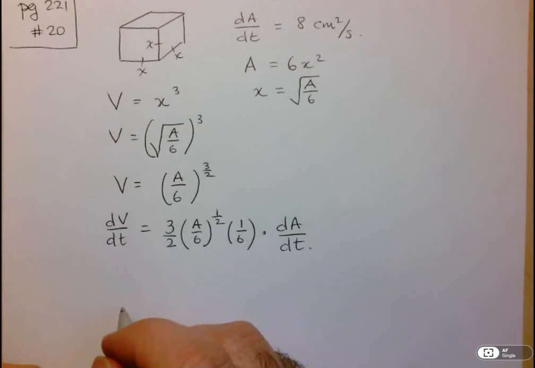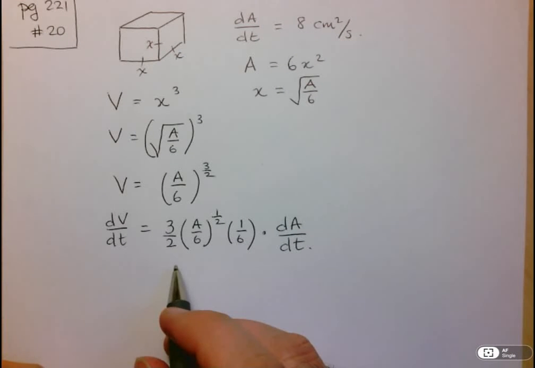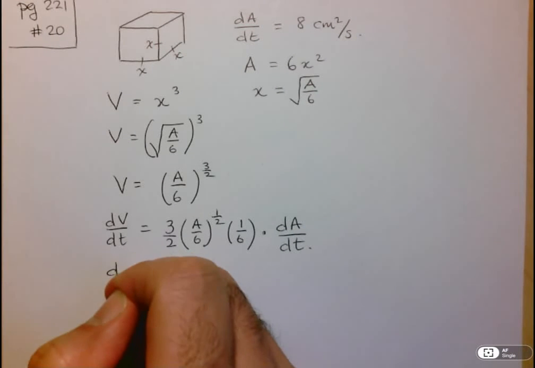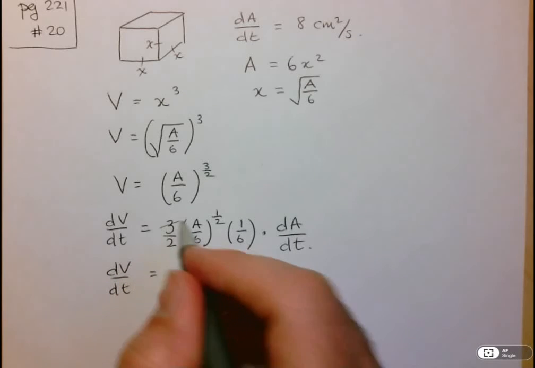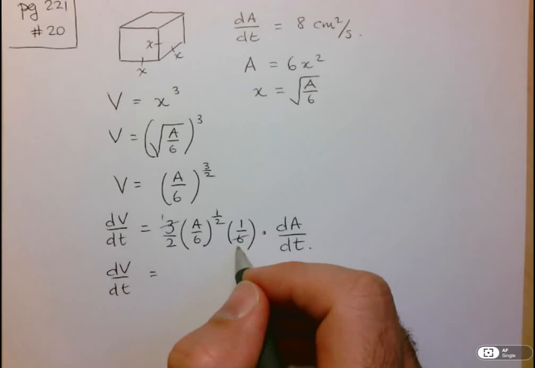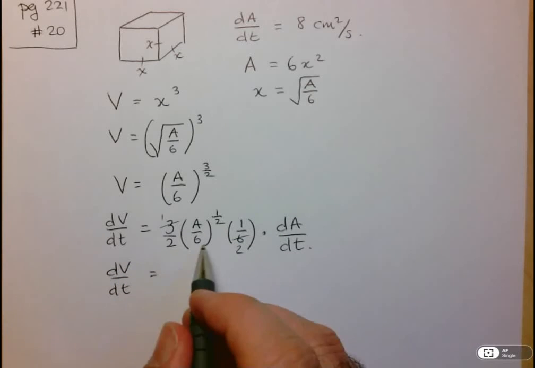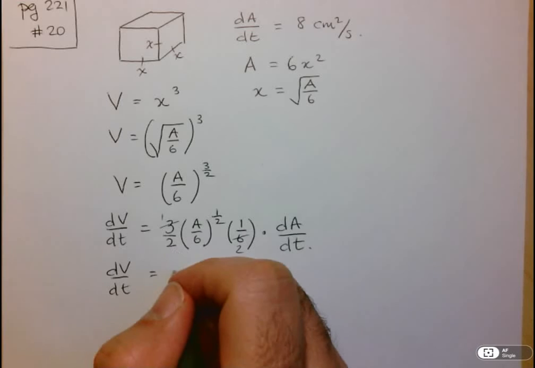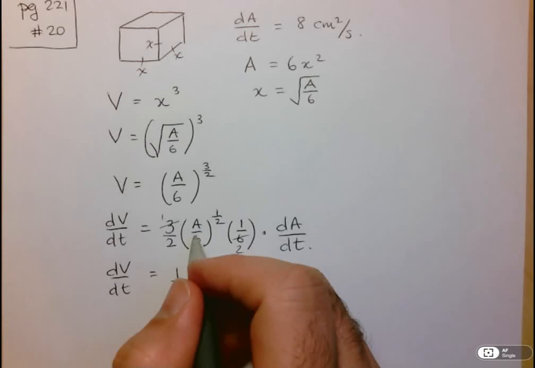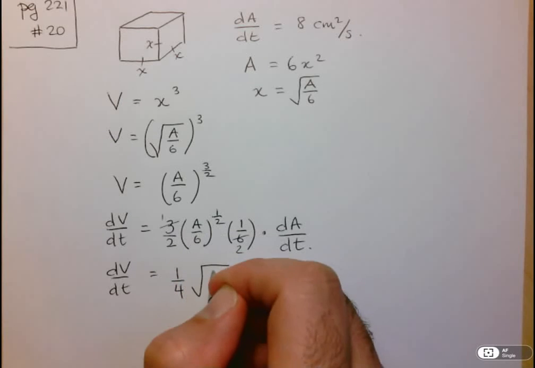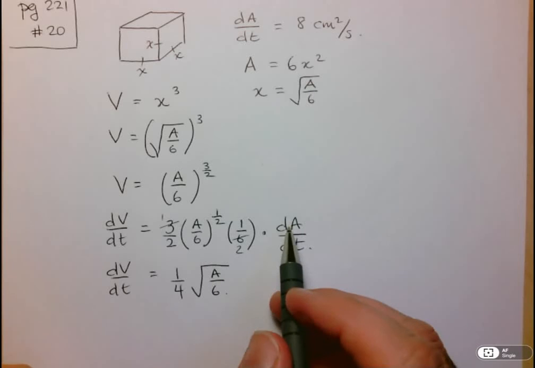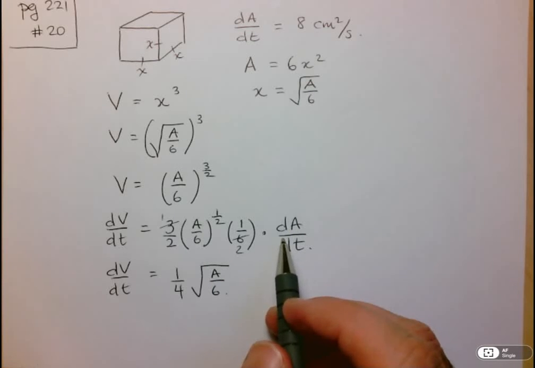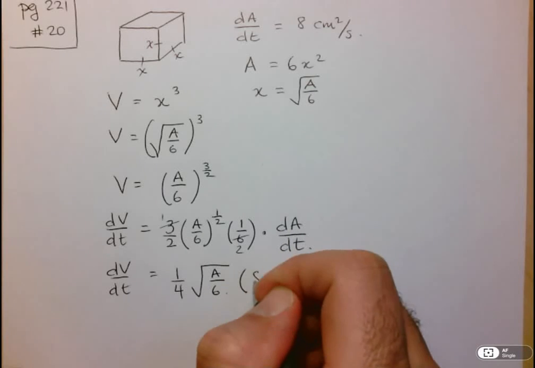Let's simplify this out and input what we know. dV/dt is what I'm looking for. The 3 and the 6 reduce to 1/2, so here I've got 1 over 4 times the square root of A over 6. I know that the area is changing at a rate of 8 centimeters squared per second, so I can replace dA/dt by 8.